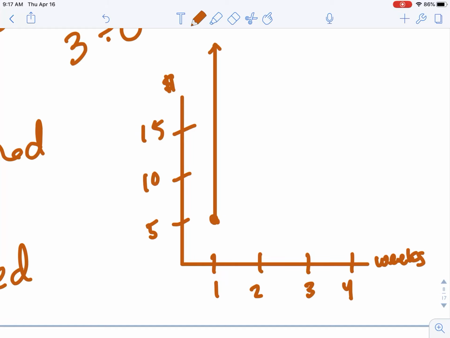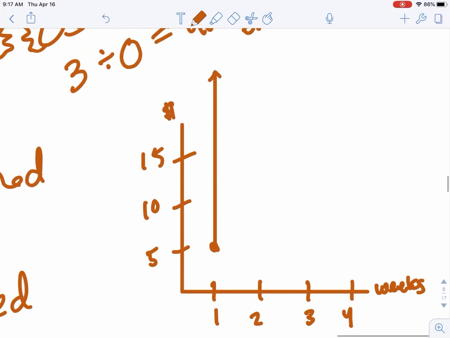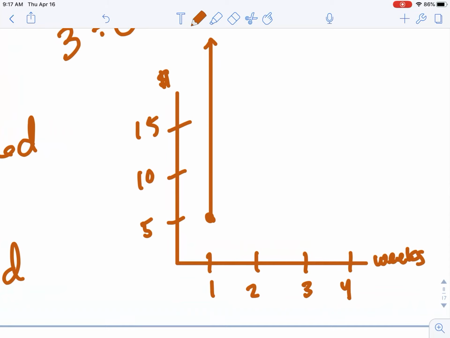Even if the money would go up and up and up, eventually time would pass and it'd have to get to 2 weeks. Even if it was up to $50,000, $100,000. I know that's not a number, but whatever. Even if I got all the way up there, at least time would lapse and go to my second week. This is saying basically that time stops.